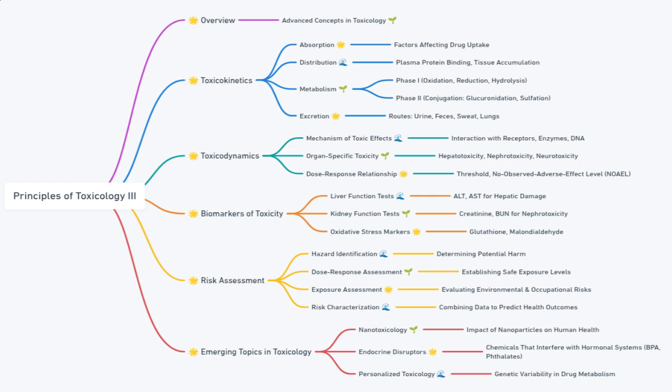Another one is if the parent compound is responsible for the toxicity of the chemical, for example warfarin, and its metabolic breakdown products are less toxic than the parent compound, increasing the compound's metabolism by administering a drug that increases the activity of the metabolizing enzymes, for example phenobarbital, will decrease its toxicity.